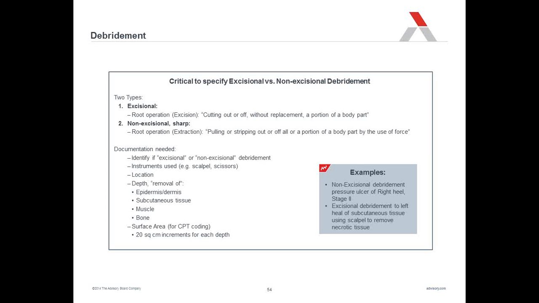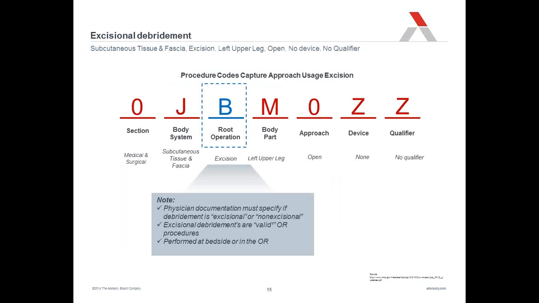A non-excisional, even a sharp debridement, could be pulling or stripping out all or a portion of a body part by the use of force. It's very important that the physician utilize the term excisional if that was done, also to include the type of instrument that was used, the location, most importantly, the depth of the removal of tissue, and the surface area, which is important for CPT coding. Here's what an excisional debridement code would look like.